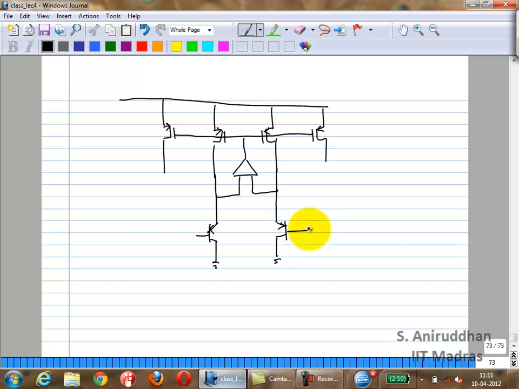Okay, so we'll start off with the same kind of architecture we had before. So this is A. This is NA. Q4.